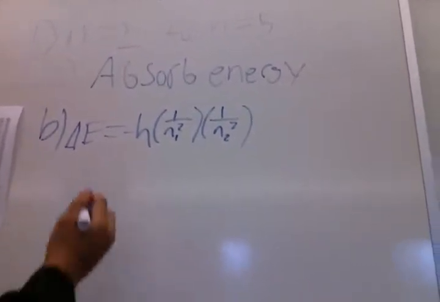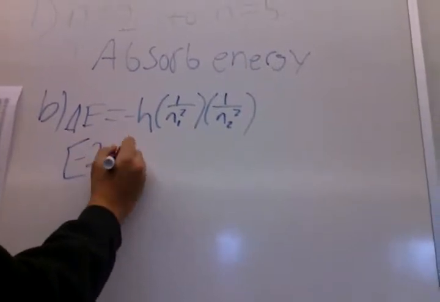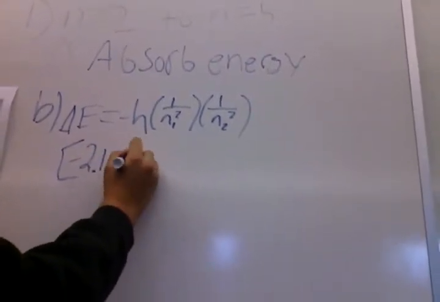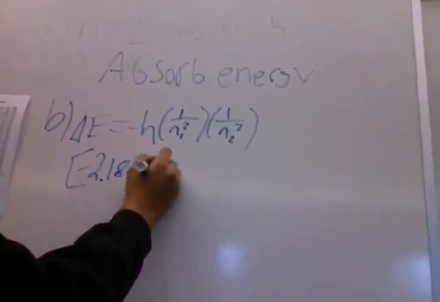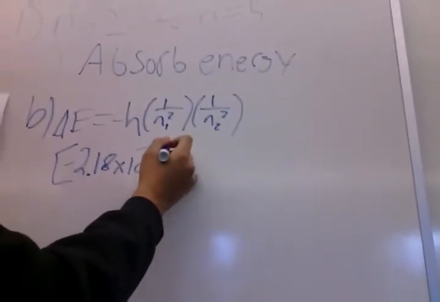For h, we plug in what is given to us, which is negative 2.18 times 10 to the negative 18th power, because it's a constant.